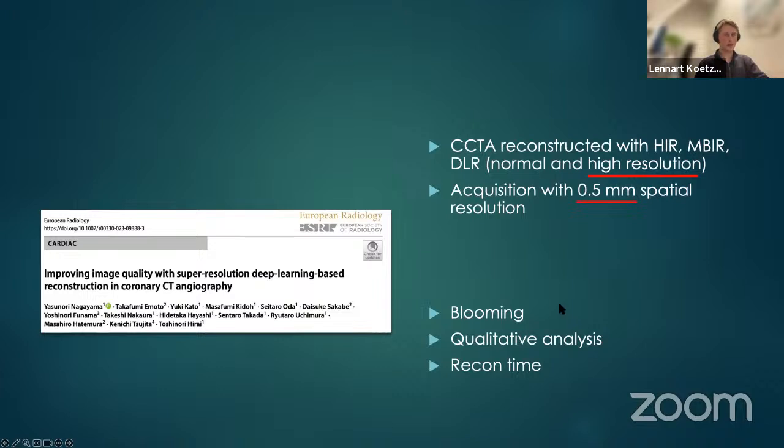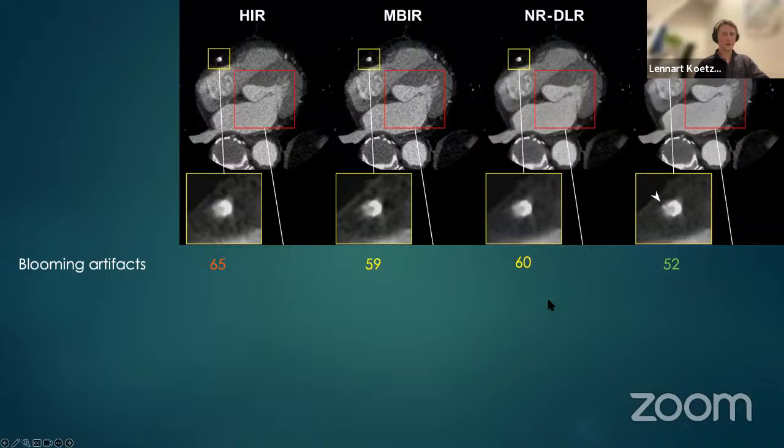And to investigate the usefulness of this high resolution DLR, blooming artifacts were measured. A qualitative assessment was performed by a radiologist, and reconstruction times were recorded. So here we can see 4 reconstructions of the same patient.